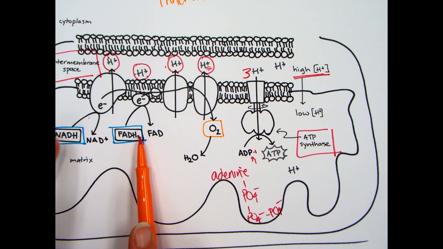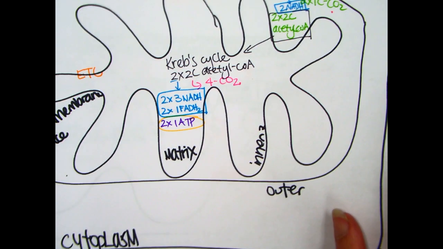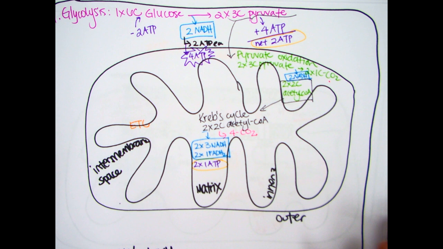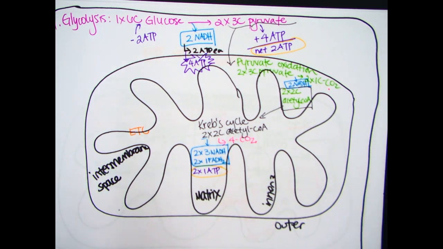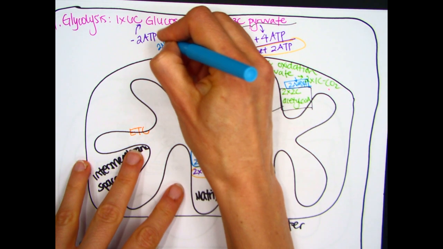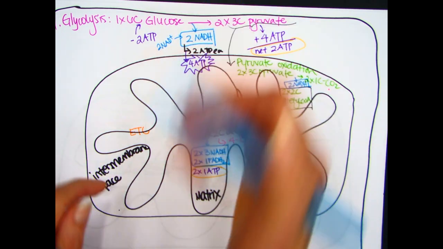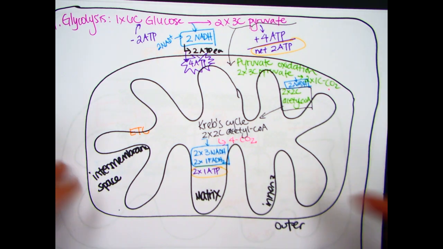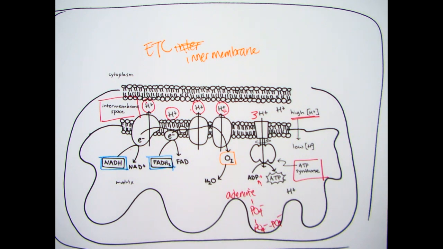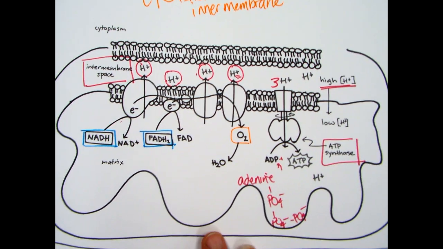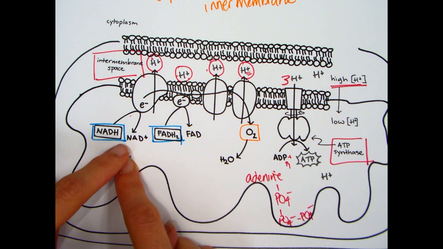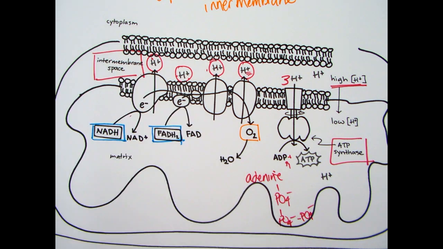If these electrons cannot be donated, then, let me zoom out for just a second, none of this other stuff can happen, right? Because you have to have 2 NAD pluses in order to make your 2 NADHs, etc. And so if this electron does not get donated and this NAD plus does not get made, then the whole operation stops and you get 0 ATP and then you die.